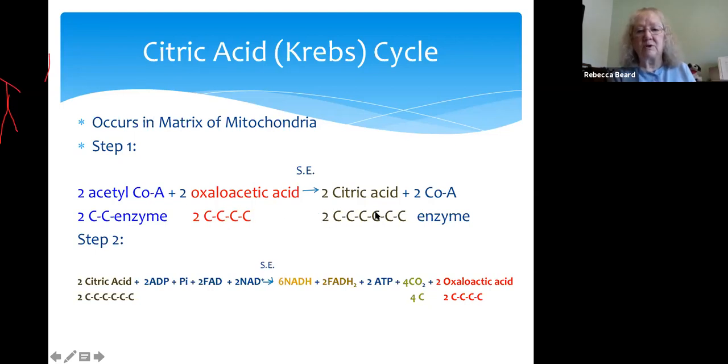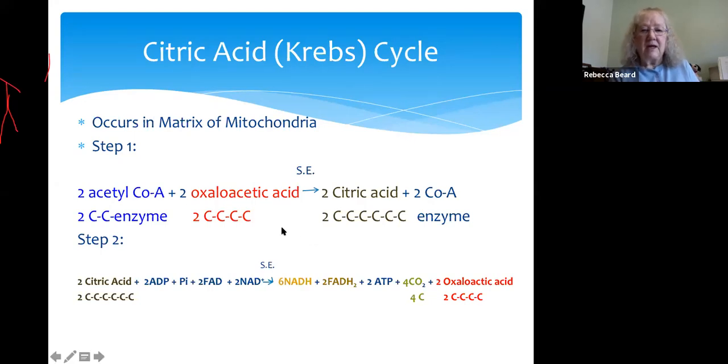So we're going to end up with 2 each of these molecules of citric acid, back to a 6 carbon molecule. And when citric acid is formed, our coenzyme A is released. We're not going to have that molecule anymore. It's going to go back and find some more, or combine with some more acetyl, or help some more pyruvate molecules.